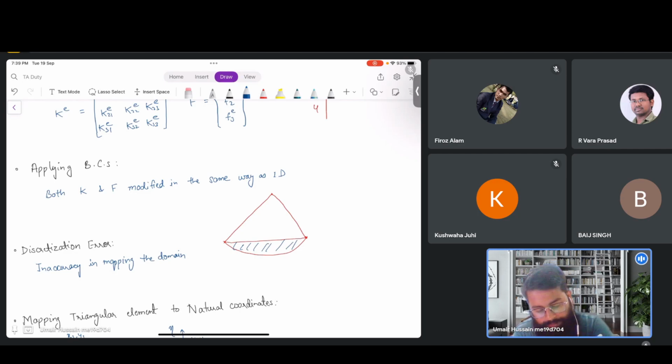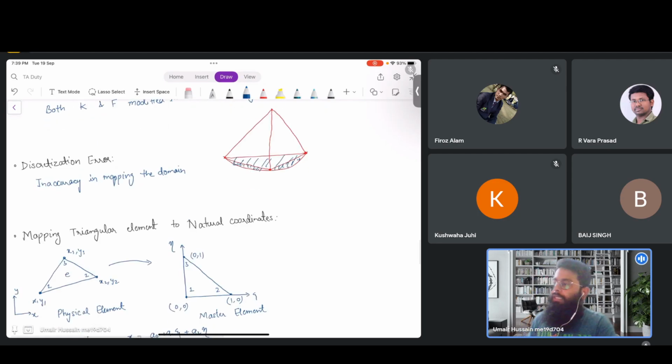But if we map it with two triangles like this, then the area left is reduced. So with a more refined mesh or a larger number of elements, we can reduce this discretization error.